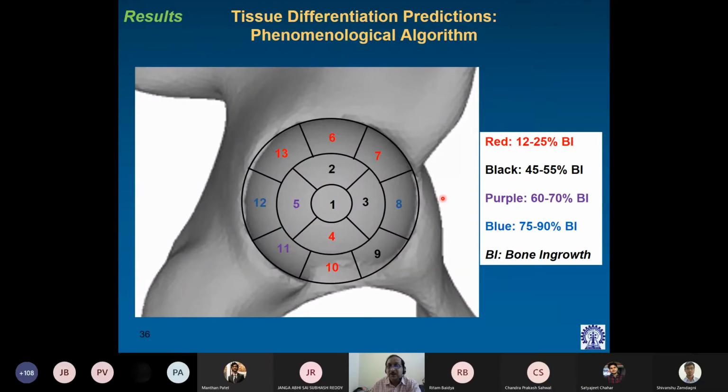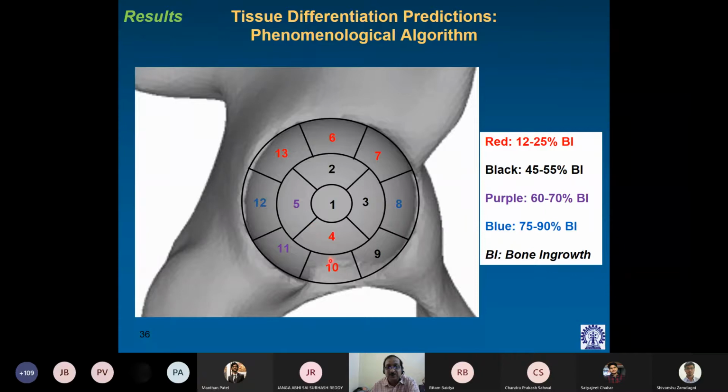As I was telling you, in order to take into account the variation of implant-bone displacement fields as well as the variation in bone material properties at the interface, we defined 13 regions of interest. We color labeled them red, black, blue, and purple, based on the percentage of bone ingrowth in these 13 regions. If the bone ingrowth was 12 to 25%, we marked it as red.